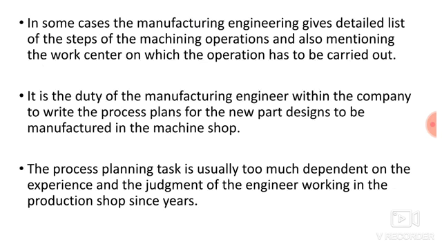In some cases, the manufacturing engineer gives the detailed list of steps of the machining operation and also mentions the work center on which the operation has to be carried out. So in a few companies, the manufacturing engineer will decide the various steps of machining operation and also mention the machine on which you have to process that part.